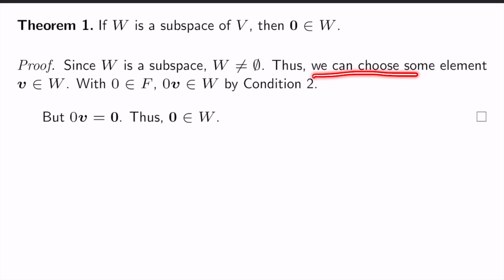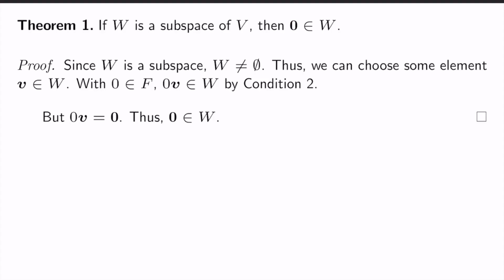So we can choose some element from W, let's say V. And let's pick the zero element of the field F, since we're assuming this is a vector space over the field F. Then 0 times this V belongs to the subspace, according to the definition of the subspace. But 0 times any vector is the zero vector. So that means the zero vector belongs to this subspace W.